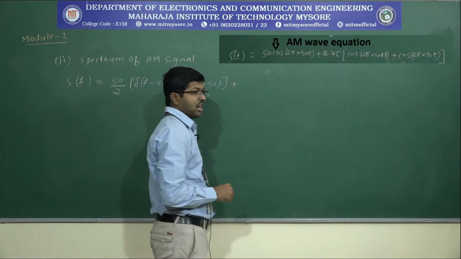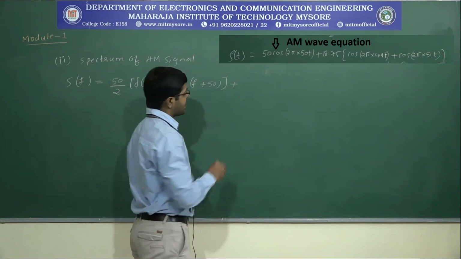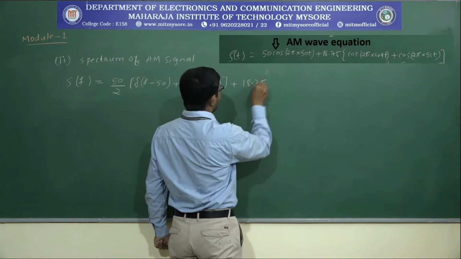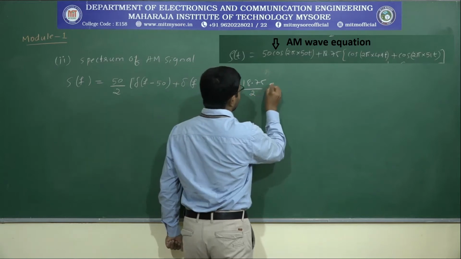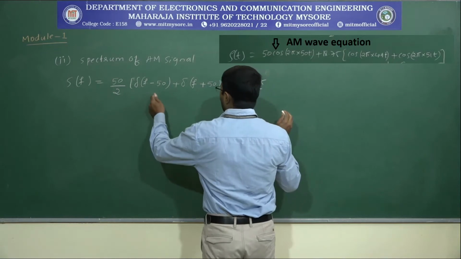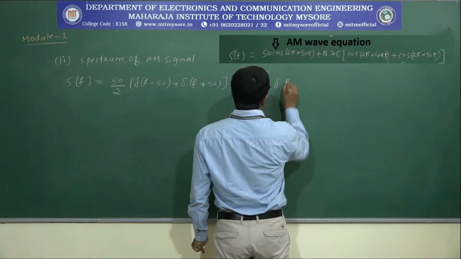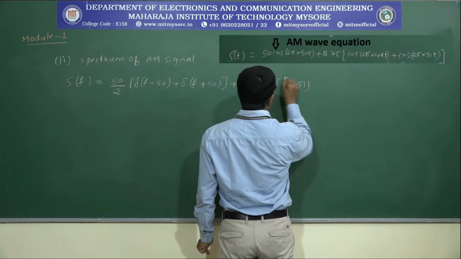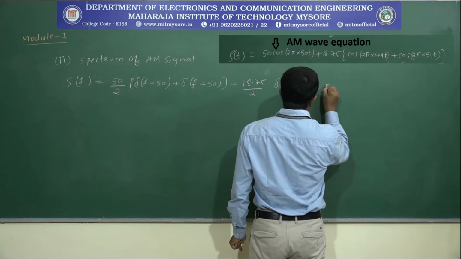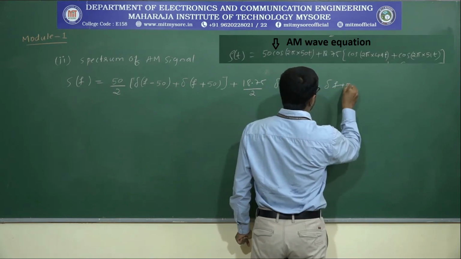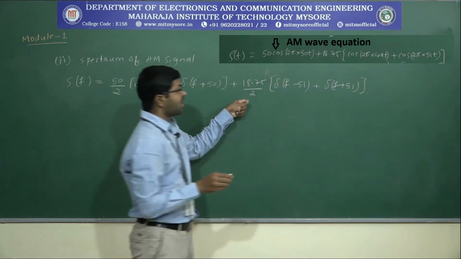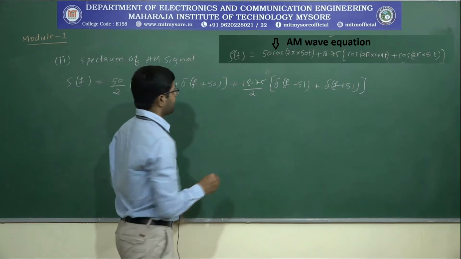Next we have the magnitude of the sidebands, 18.75. That's why 18.75 divided by 2, into the first sideband, the upper sideband. It will be delta f minus 51 plus delta f plus 51, because fm was 1 and fc was 50 hertz. This is the equation for the upper sideband.